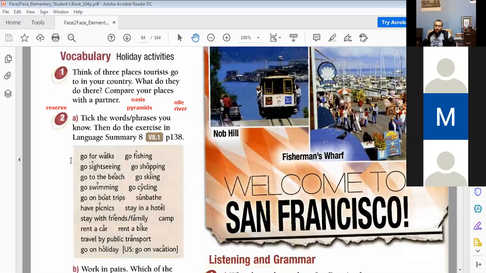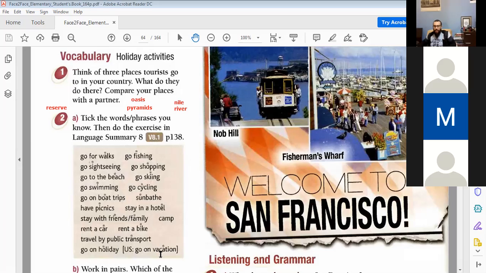Okay, so let me read the words for you. You have go for walks, go fishing, go sightseeing, go shopping, go to the beach, go skiing, go swimming, go cycling, go on boat trips, sunbathe, have picnics, stay in a hotel, stay with friends and family, camp, rent a car, rent a bike, travel by public transport, go on holiday.